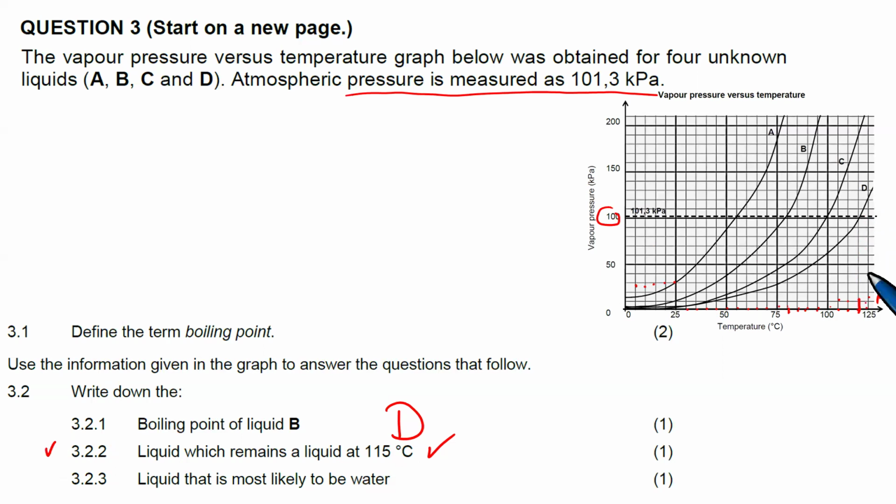It remains a liquid because this is 115 degrees Celsius, and you have at this point approximately the atmospheric pressure of 101 there. Simultaneously, the vapor pressure is pretty much the same.